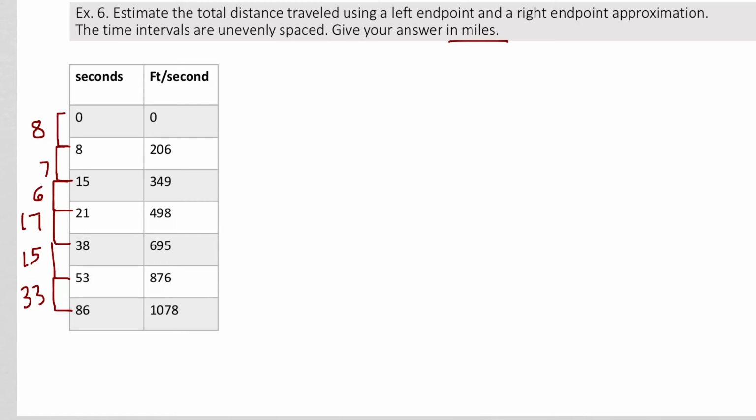And then over here, these are my left and right endpoints. So left, right, then this is left, right, then this is left, right, etc. So for the left endpoint approximation, we'll call that A sub L. We need our 0, that would be our y value, and our delta x would be 8. I'm going to add all this up. So 0 times 8 for the first rectangle.